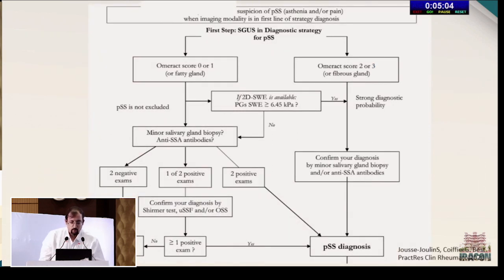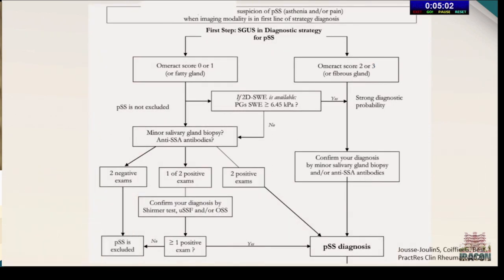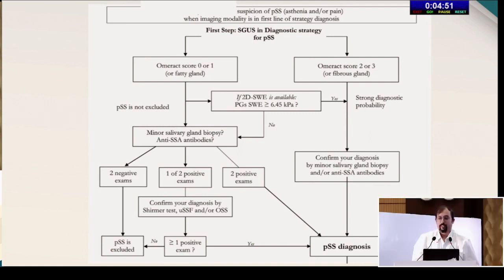So how do you utilize ultrasound for diagnosing primary Sjogren's? The first step is you perform an ultrasound. If it is grossly abnormal, you could directly go for either a minor salivary gland biopsy or autoantibody, and if they're positive, you might make a diagnosis of primary Sjogren's syndrome.